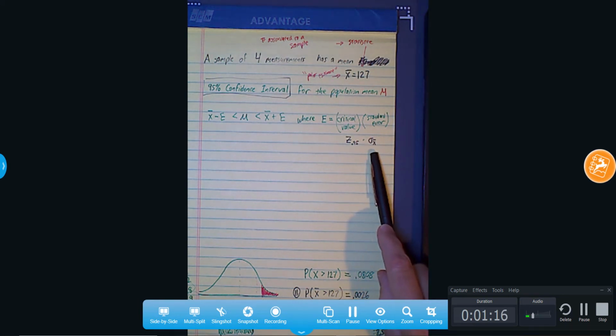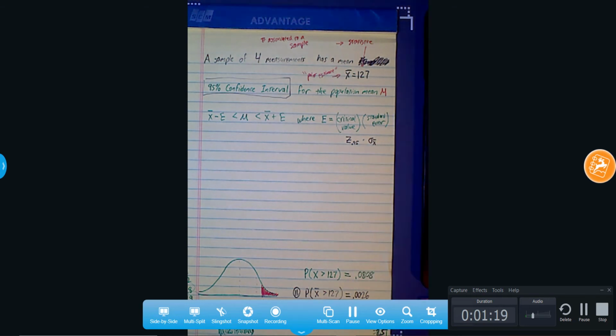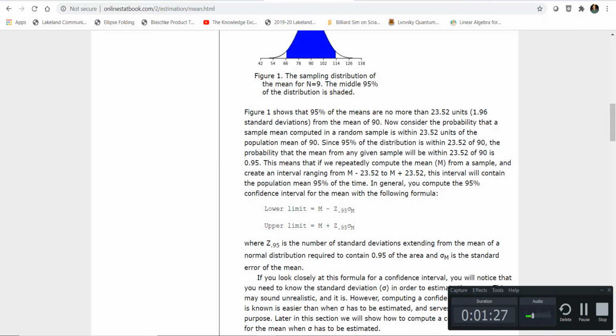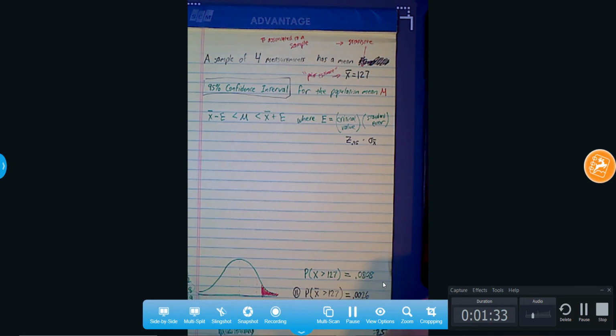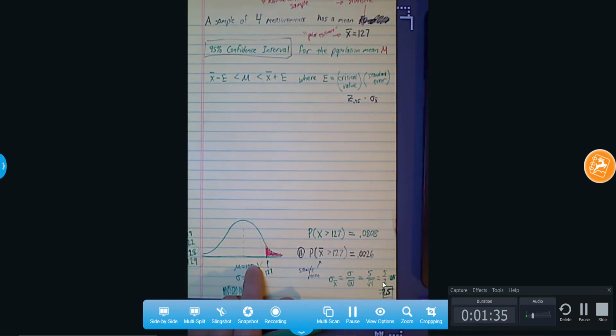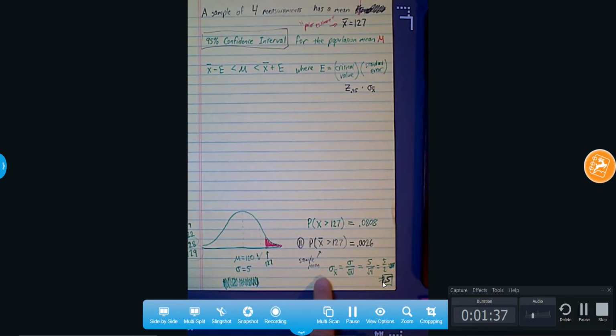Well, for sigma x bar, okay, the standard error, I guess it depends what we know. So in our example, we know, well, actually, I guess I have that from down below, right? I computed that it was 2.5 because it was 5 over the square root of 4.